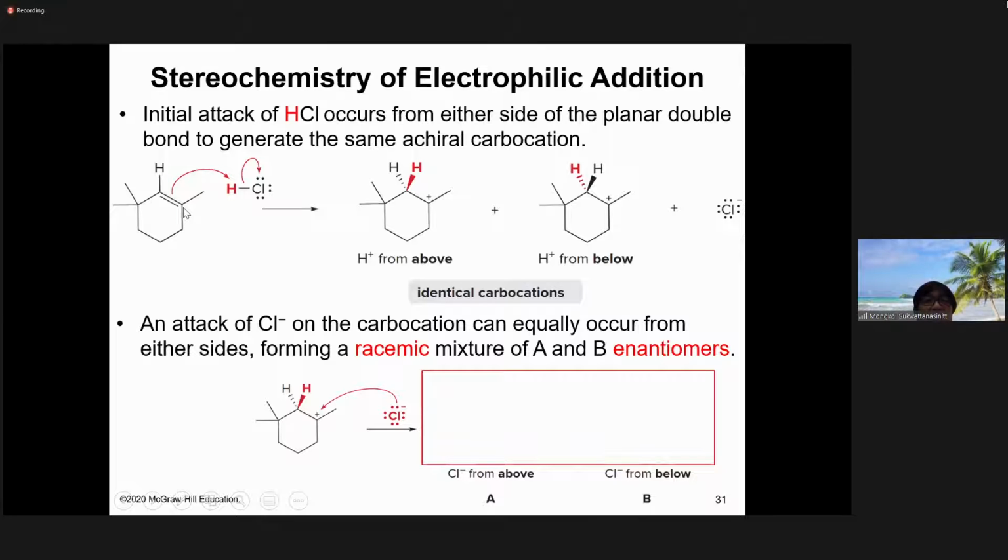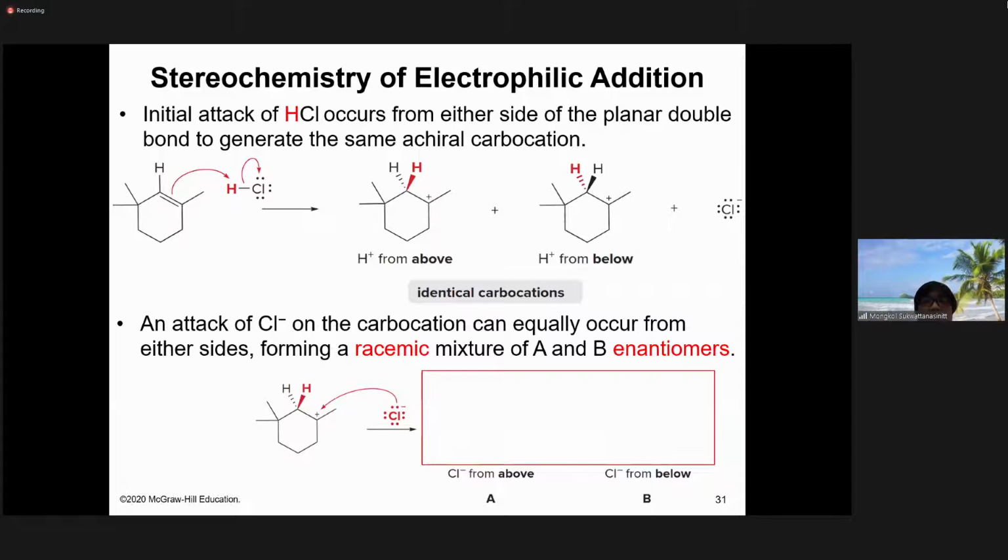Which side? The left or the right? Left, right? Because it will give you a tertiary carbocation here, which is more stable than if you add the hydrogen to this carbon, where you get a secondary carbocation. Okay, so this follows the Markovnikov rule.